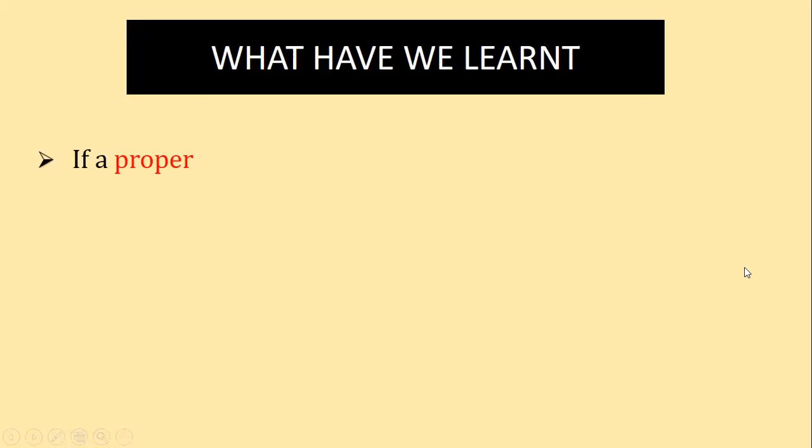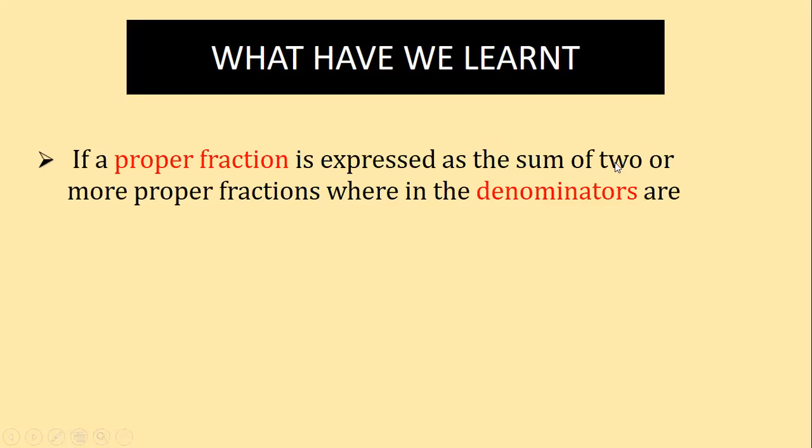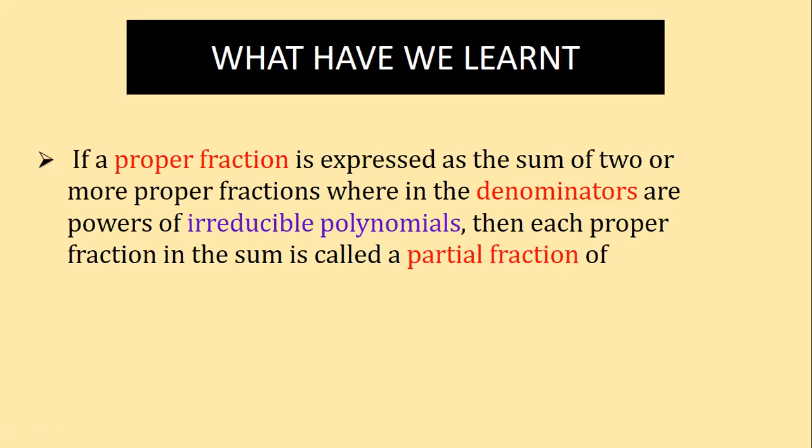And next, what have we learned? If a proper fraction is expressed as the sum of two or more proper fractions, wherein the denominators are powers of irreducible polynomials, then each proper fraction in the sum is called a partial fraction of the given fraction.